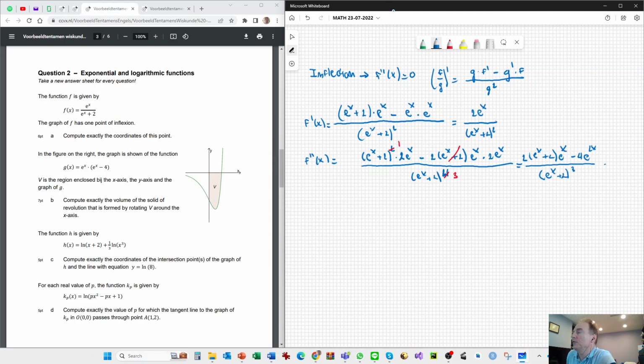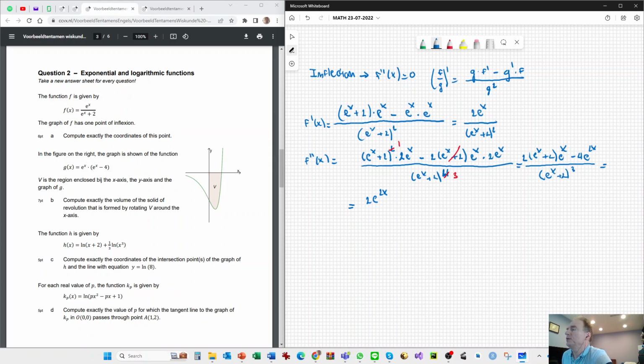Okay, let's simplify this a little bit more. This is equal to 2 e to the power 2x, since e to the power x times e to the power x is e to the power 2x.